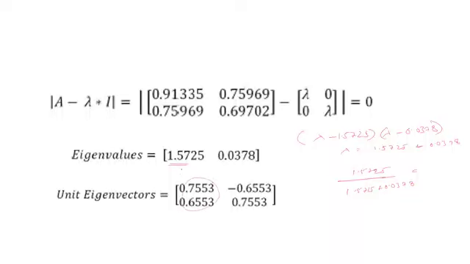Now, what is this eigenvector? I'll tell you. Let's suppose it gives you 95%. So principal component 1 is capturing 95% and the remaining 5% is captured by principal component 2. You can understand this through the eigenvalues.